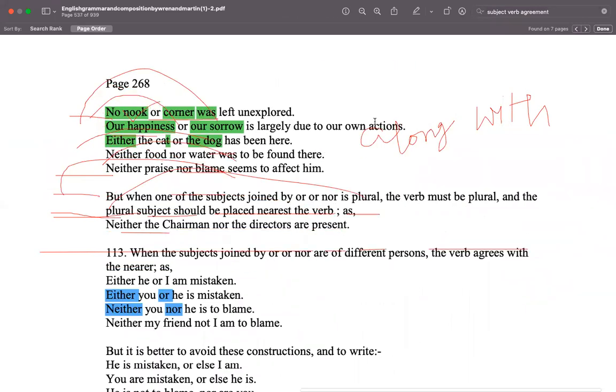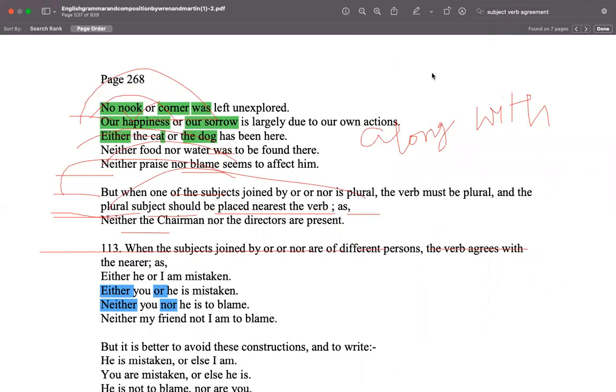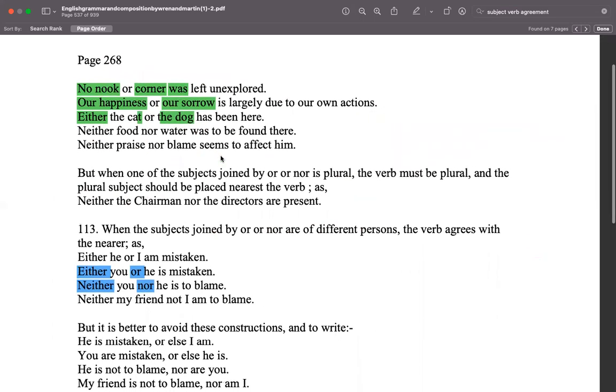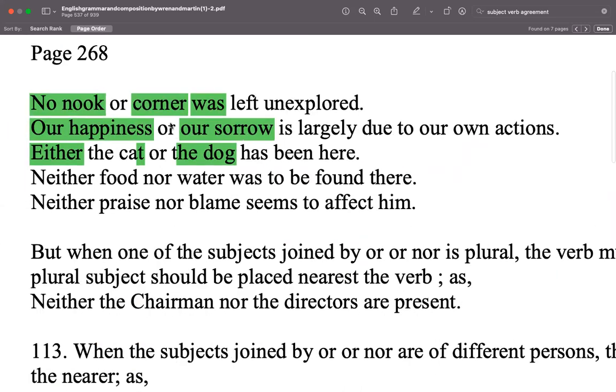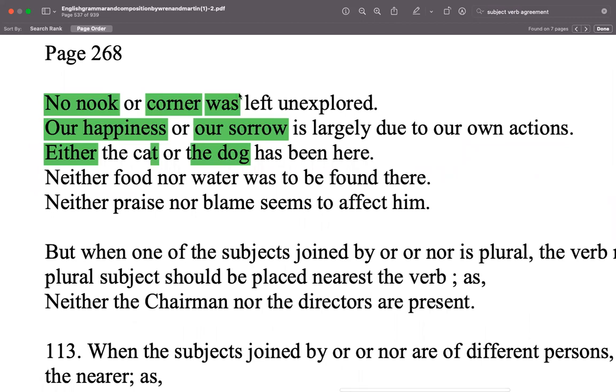Look into it. The idea here is: no nook or corner was left. Here two singular subjects are joined with or.